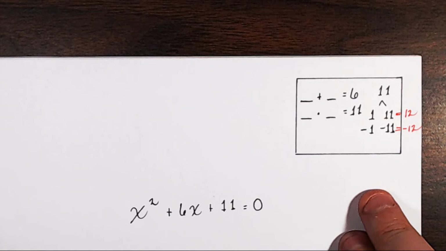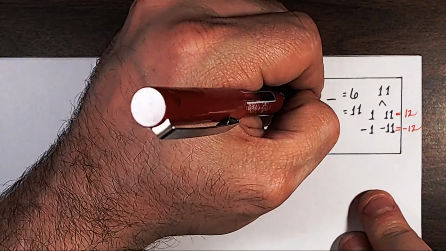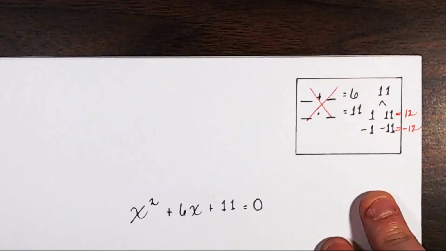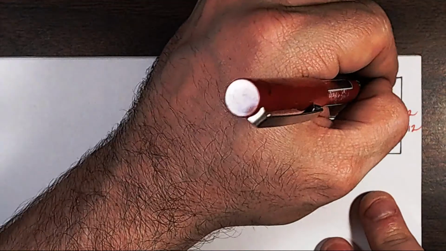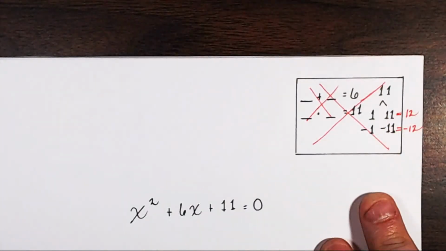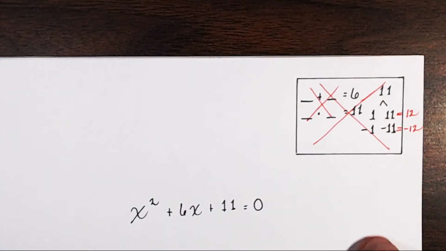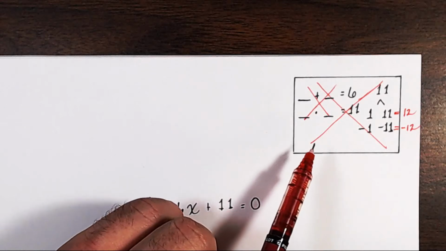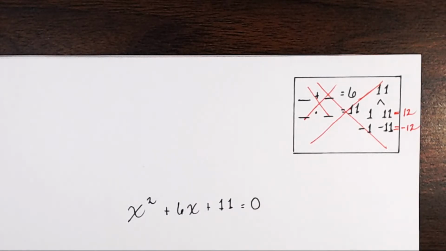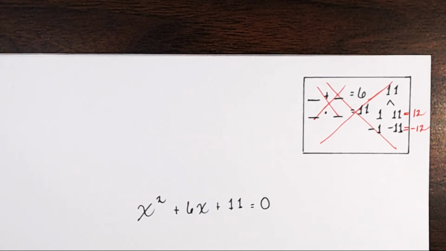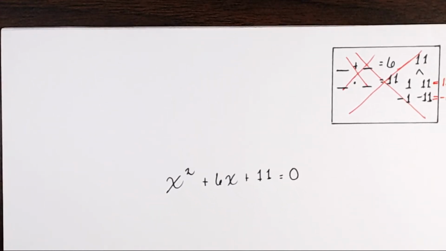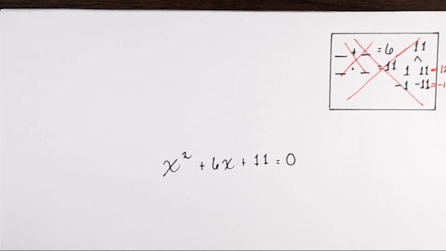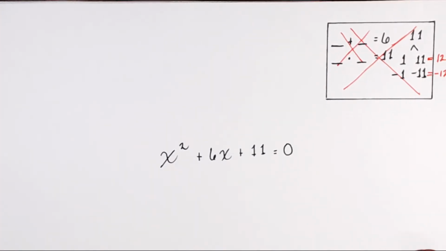In other words, there's nothing that can go in here, and this whole method doesn't work. And a lot of students think that because this didn't work, and because the visual graph showed no x-intercepts, that must mean there are no solutions. And we're about to prove that that is against the law, or at least against the law of mathematics.